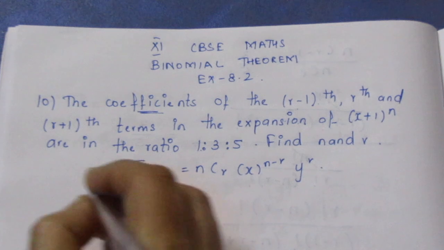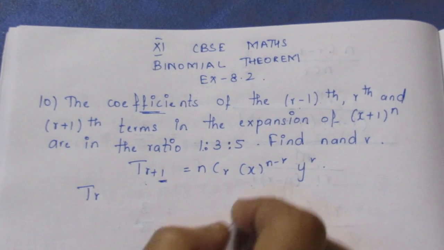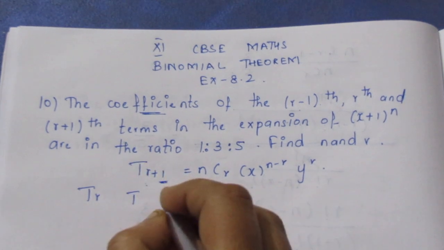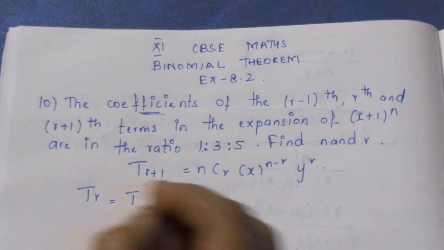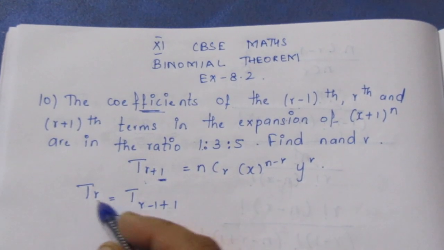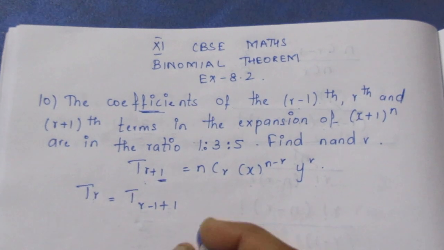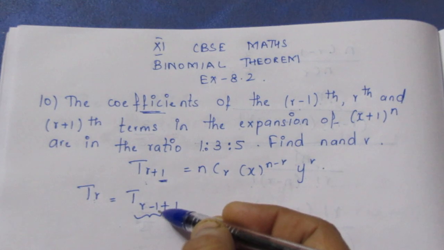Now we want T_r. That means this plus 1 should be there in the formula. So if I write plus 1, what should be written as r to get T_r? We need to write r minus 1, so this gets cancelled and I will get T_r. So in the place of r, we have r minus 1.